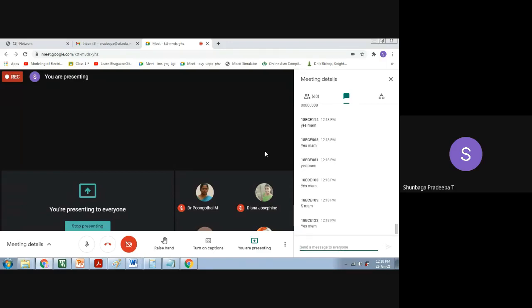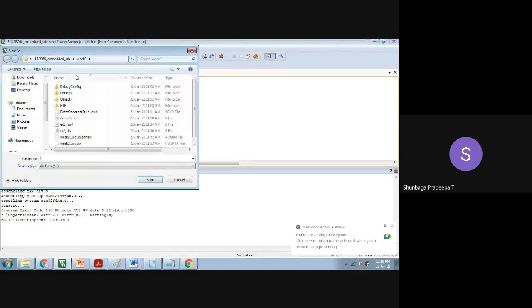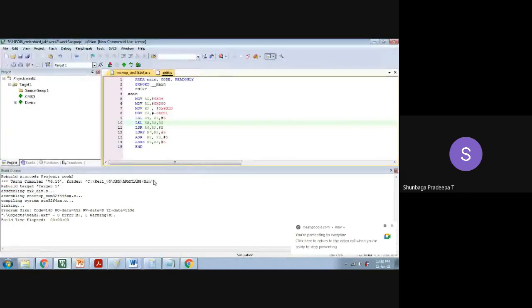Okay, we will see the simulation. So now I have just copied a code. I will save this as shift.s. Here we have taken different values. Maybe I will take the logical left shift.